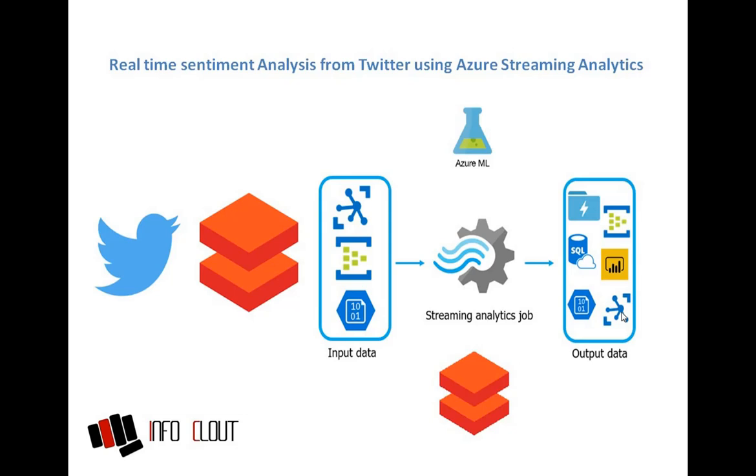So the first part here is to pull the data from Twitter. You need to have a Twitter developer account to pull this information in. And I'm using Azure Databricks as the second option. On Azure Databricks, I create a listener that listens to Twitter on certain key phrases, and then we push the information into an Azure Event Hub.